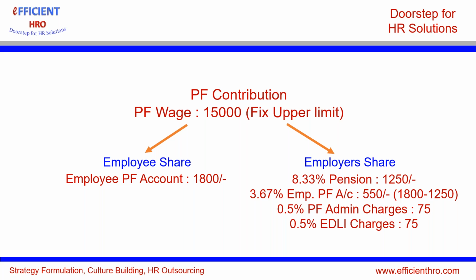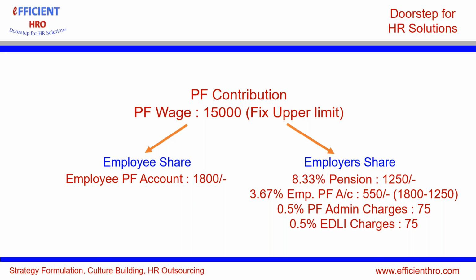But from last year, many organizations have changed their option from gross salary to 15,000, because the government has changed its norms, moving the PF deduction from basic plus DA to gross wages. And when it comes to gross wages, the PF contribution goes to a very sizable amount.